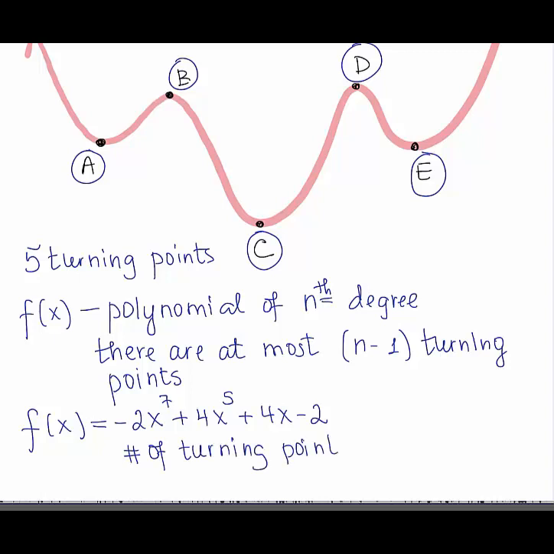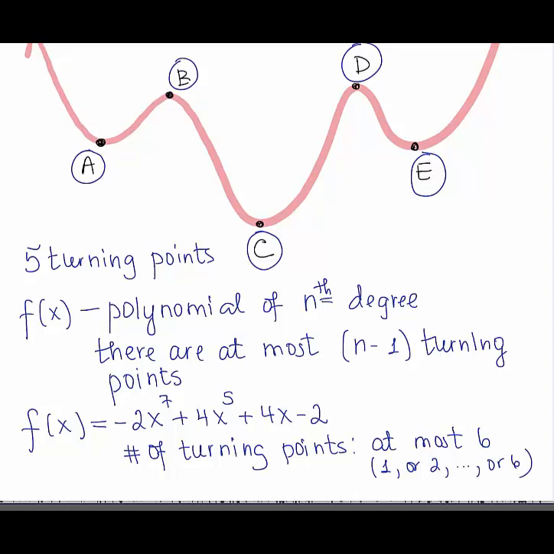All I can say is that it's at most 6, 1 less. It could be 1 or 2 or 3 and so forth, all the way to 6. But it cannot be more than 6.